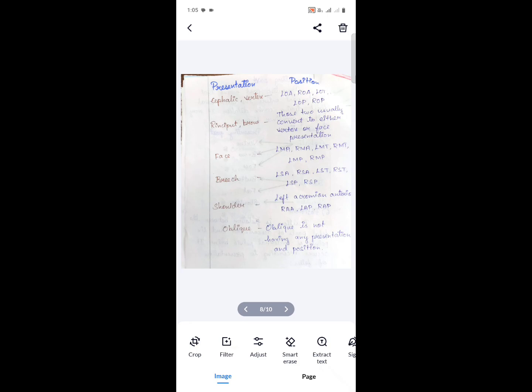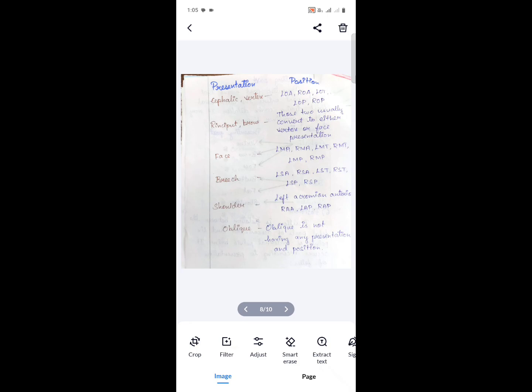And in breech, there is left sacro anterior, right sacro anterior, left sacro transverse, right sacro transverse, and left sacro posterior, right sacro posterior. These are present in breech presentation. And in shoulder, there is left acromion anterior, right acromion anterior, left acromion posterior, right acromion posterior.